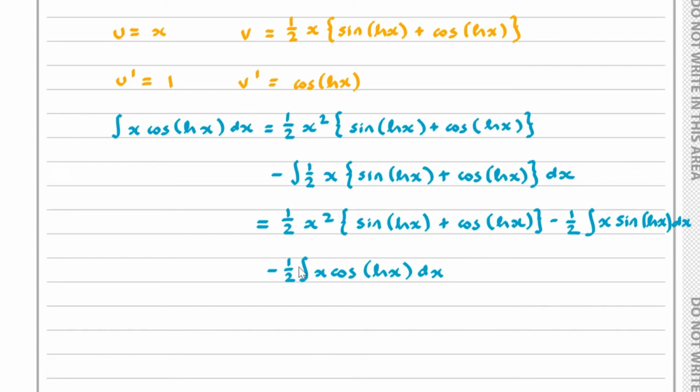Now, same idea. Here I've got minus 1/2 x cos of the natural log of x with respect to x.